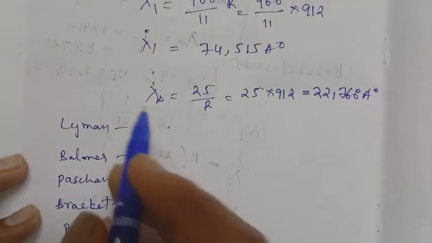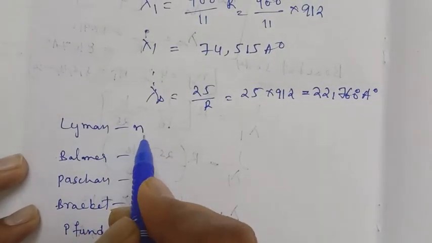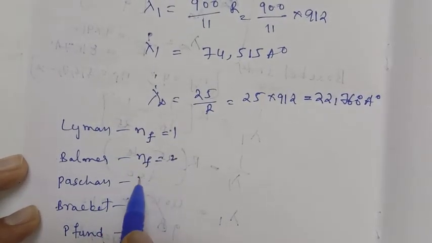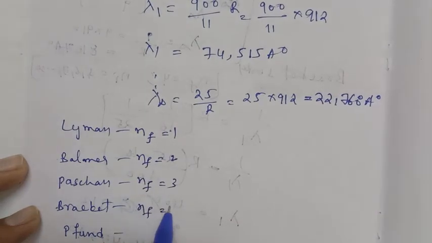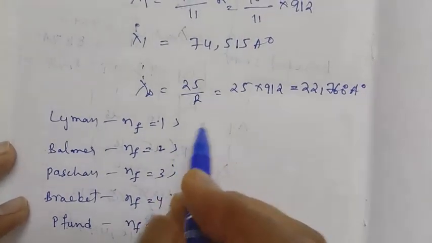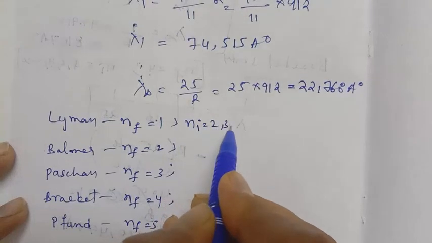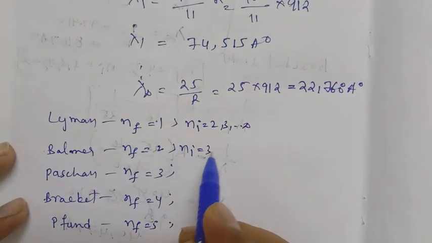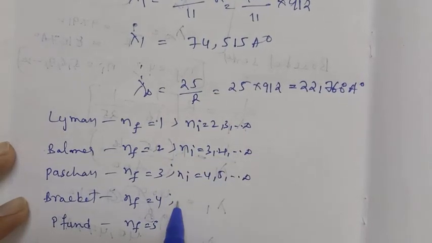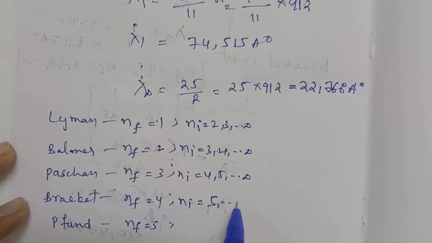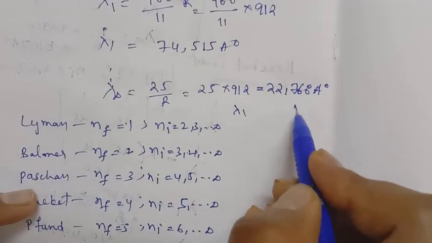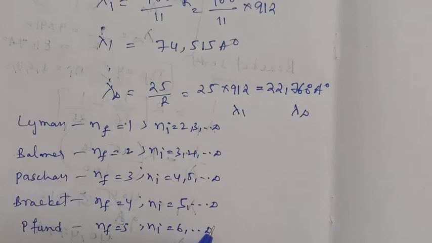For all these series, nf is equal to here 2, nf is equal to here 3, nf is equal to here 4, nf is equal to here 5, and ni is equal to 2, 3 and so on to infinity, ni is equal to here 3, 4 and so on to infinity, ni is equal to here 4, 5 and so on to infinity, ni is equal to here 5 and so on to infinity, ni is equal to here 6 and so on to infinity. At that time we get lambda 1 and lambda infinity.